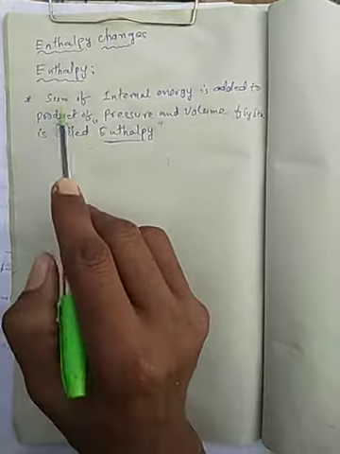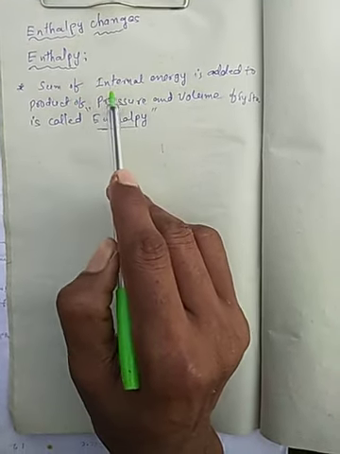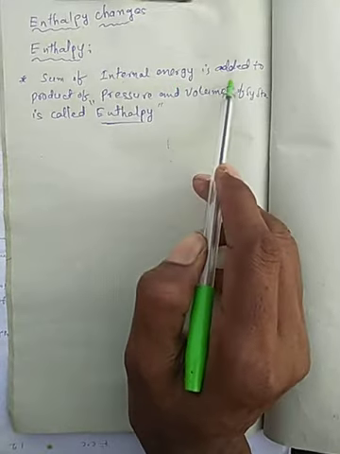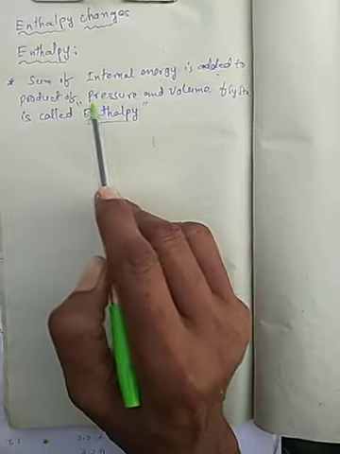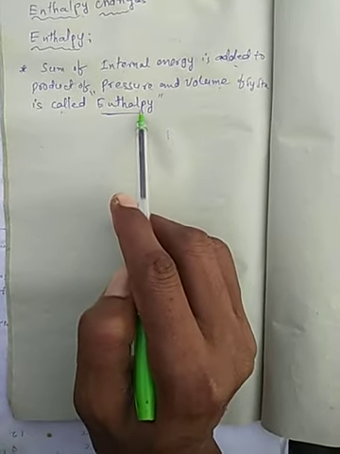Now see properly: the sum of the internal energy added to the product of pressure and volume of the system is called as enthalpy.